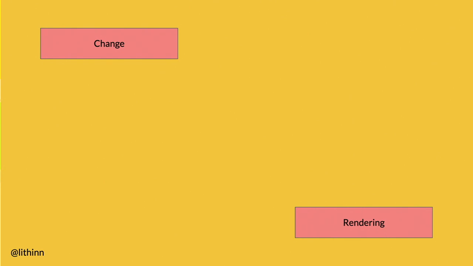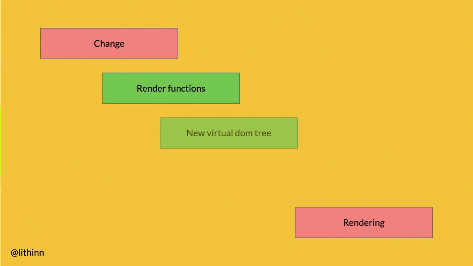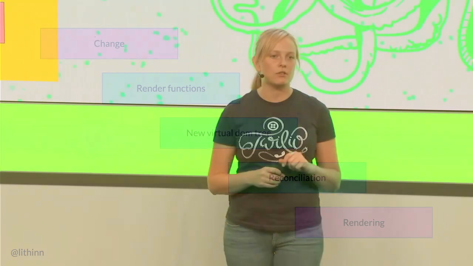So when something changes, and by that I mean state or props in your application, it will see which render functions need to be rerun, then it will create a new virtual DOM tree, then it will try to compare the old one and the new one, and at the very end comes the rendering in the UI. But what we found was that through a lot of complex recomputing, we might actually change nothing at the end.